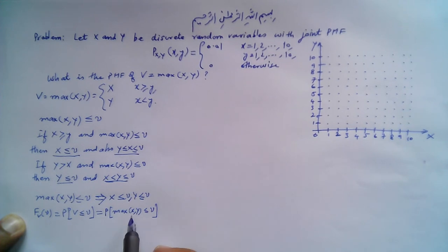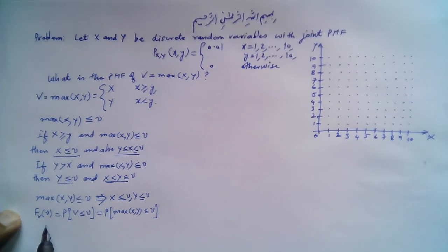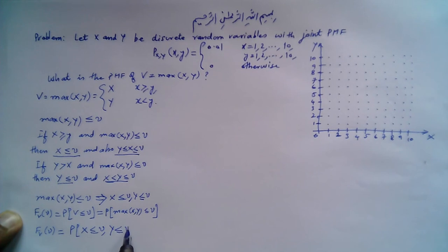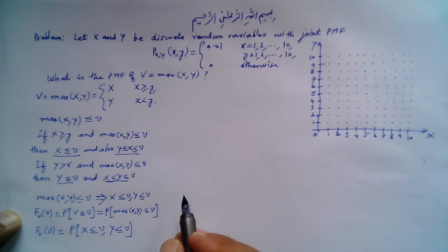So we have already concluded that max(x, y) less than or equal to v implies this. So we can write it something like this, that this is equal to the probability that x is less than or equal to v and y is less than or equal to v, right?